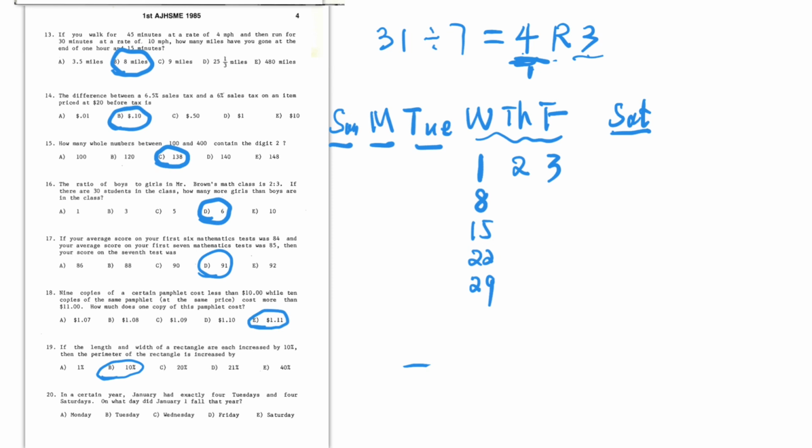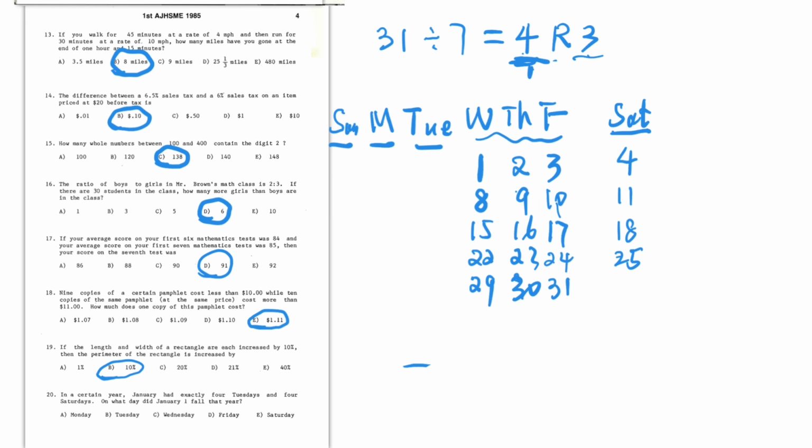And Thursday is plus 7: 9, 16, 23, 30. Friday will be 10, 17, 24, 31. Saturday is 4, 11, 18, 25. That's it, 4 times.